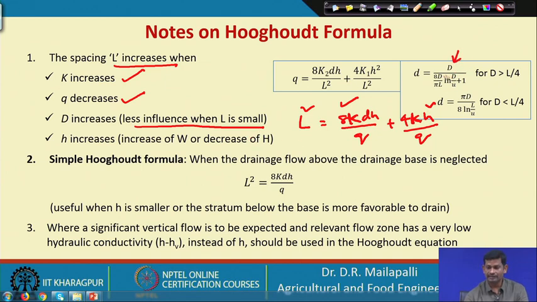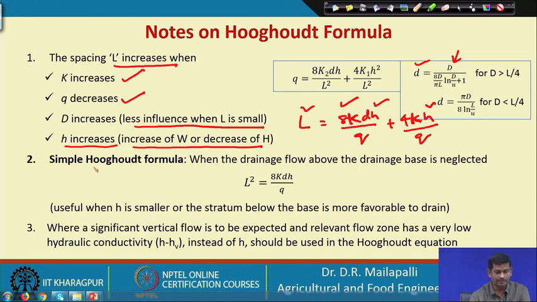So, capital D increases, that means D is going to be increased. Okay. And then H also increases. Suppose you are increasing H, then L is going to increase. Okay. So, these are observations from the formula.